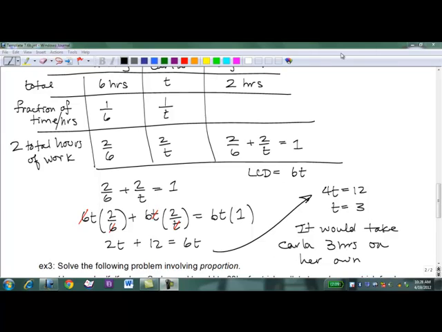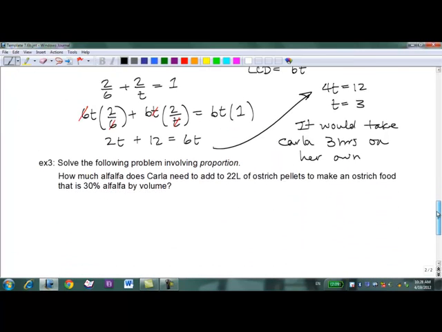Those two fractions both get multiplied by the total amount of time that the project took together. In this case, 2 hours, so 2 over 6 and 2 over t. If it was 10 hours, it would be 10 over 6 and 10 over t. And we add those two together and it should equal 1 because 100% of the work is done as a fraction.